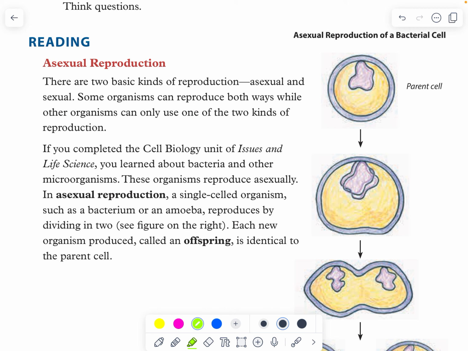These organisms reproduce asexually. In asexual reproduction, a single-celled organism, such as bacteria or an amoeba, reproduces by dividing in two. Each new organism produced, called an offspring, is identical to the parent cell.